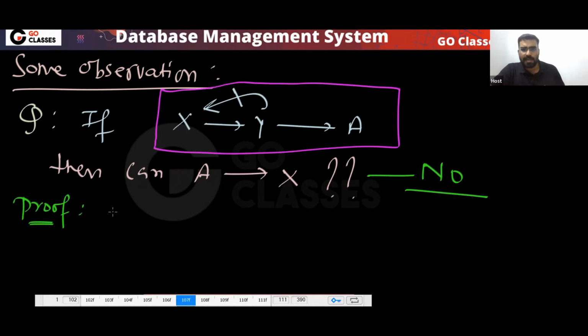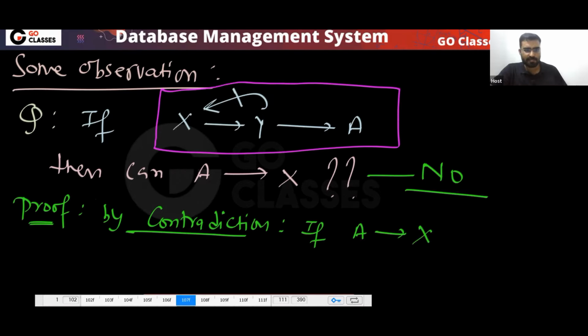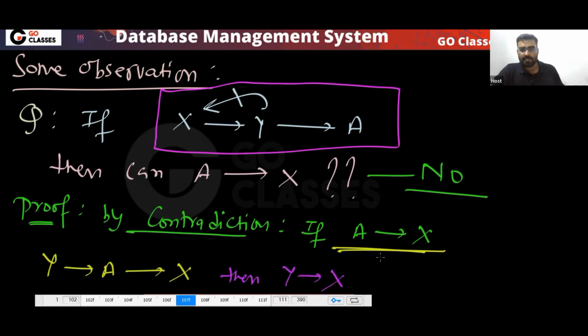Very simple, by contradiction. Yes, very good. By contradiction, you can prove. If A determines X, and we already know Y is determining A, then Y is determining A is determining X, so Y determines X. That is the contradiction.